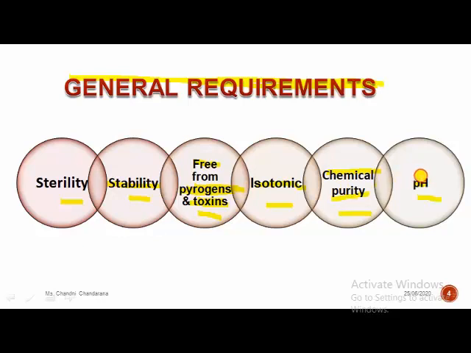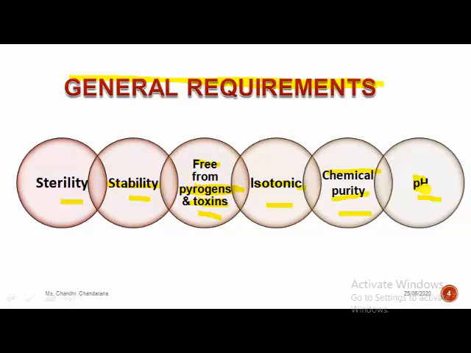Then pH. It's a very important requirement. Here we have to inject our preparation directly into the body. So whatever parenteral preparation we have, it should maintain the physiological pH. The physiological pH, meaning the pH of the body, is 7.4.